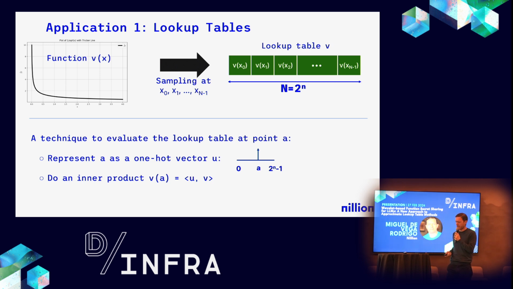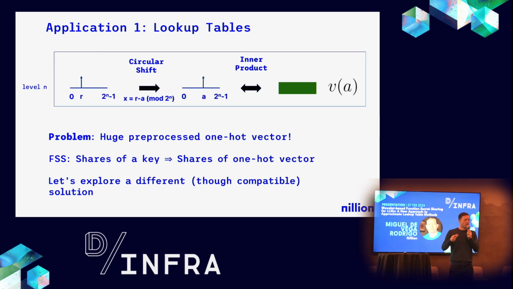And you will obtain a sharing of the lookup table at position A. So, of course, in linear secret sharing, we are not usually handling one-hot vectors or sharings of one-hot vectors. So how do you go from a sharing of A to a sharing of a one-hot vector pointing at A?